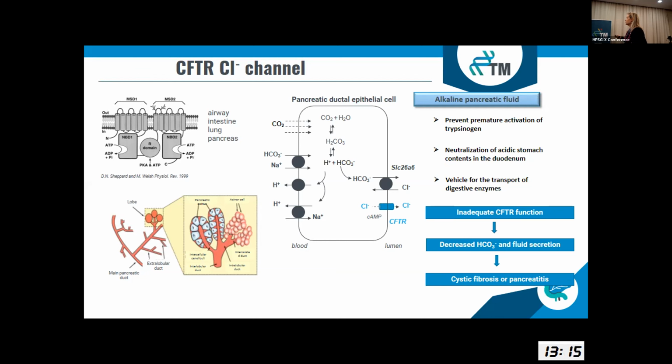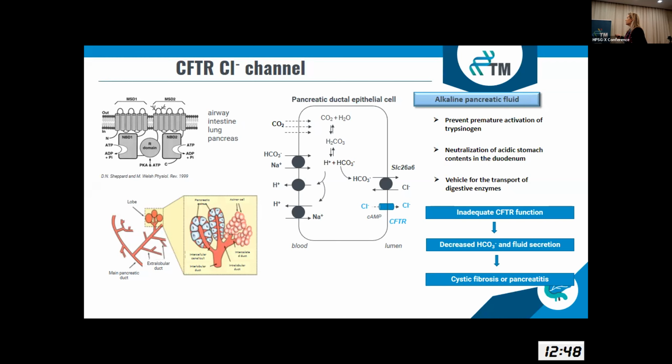Here you can see the schematic picture of ductal cells. The CFTR, as I mentioned, is located on the apical membrane and interacts with the chloride bicarbonate exchanger. As a result, bicarbonate-rich alkaline pancreatic fluid is secreted. This fluid has several physiological functions.